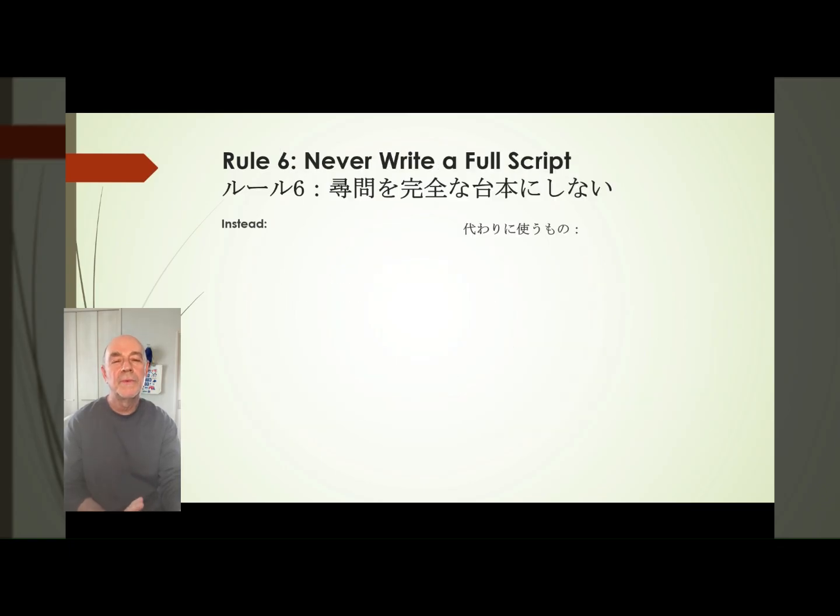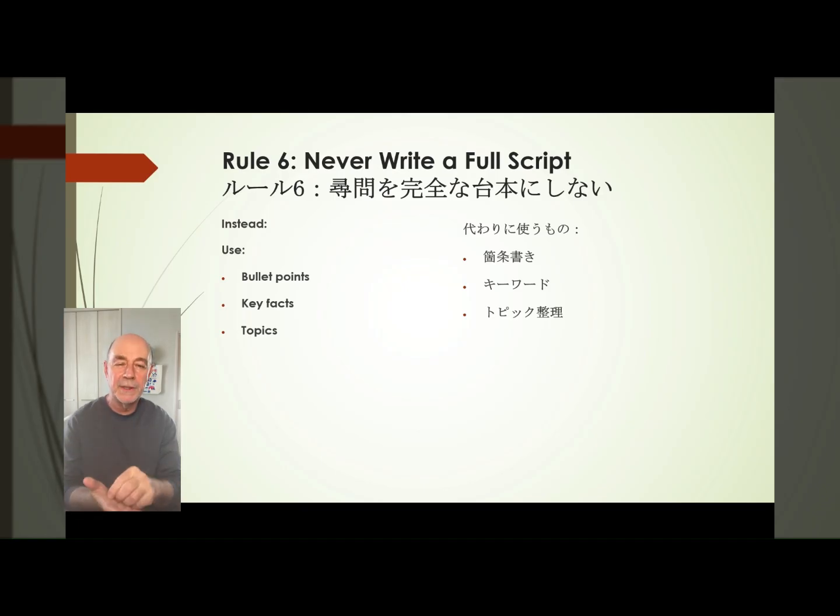Something that is also really important, and every young attorney makes this mistake, is never write out a script. By that I mean don't write out your cross-examination word for word where you're just going to be reading it as a script, because it will become really difficult. What you should do is write out bullet points.